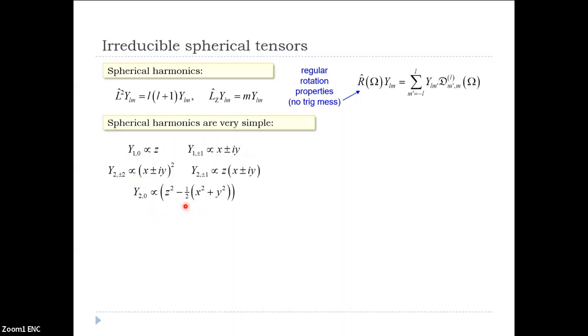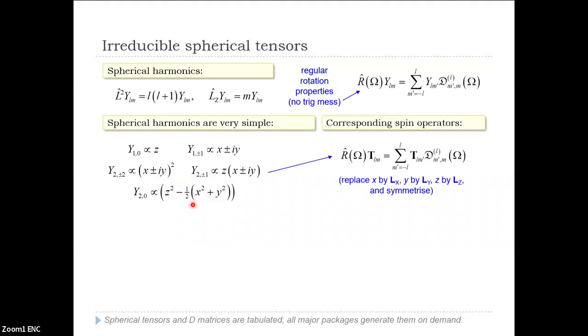And so constructing them is therefore quite simple. The only thing we do is we replace in these polynomials x by Lx, y by Ly, and z by Lz. And so we will then have spin operators with exactly the same simple rotation properties.